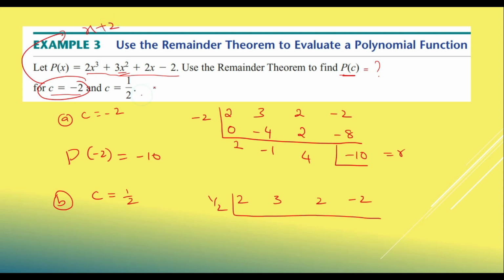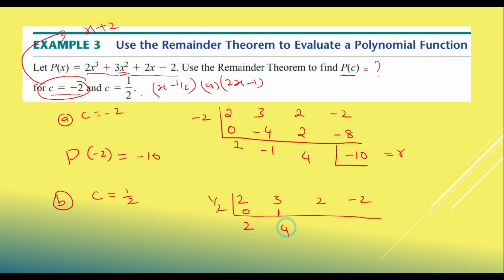When c is half, the corresponding binomial is x minus half, or this binomial could have been 2x minus 1 as well.